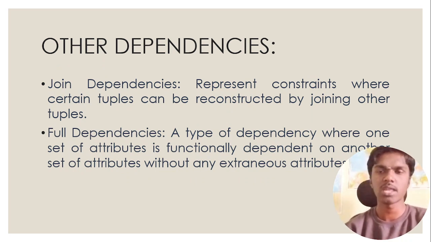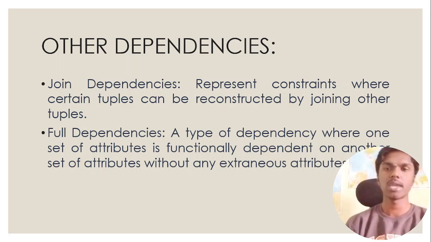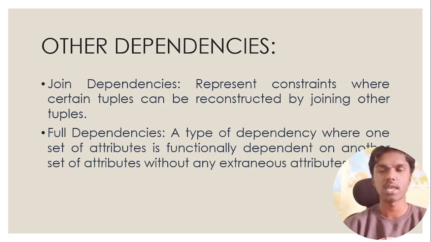So, what are the other types of dependencies? The other types of dependencies are join dependencies, which represent constraints where certain tuples can be reconstructed by joining other tuples. Then, full dependencies, a type of dependency where one set of attributes is functionally dependent on another set of attributes without any extraneous attributes.